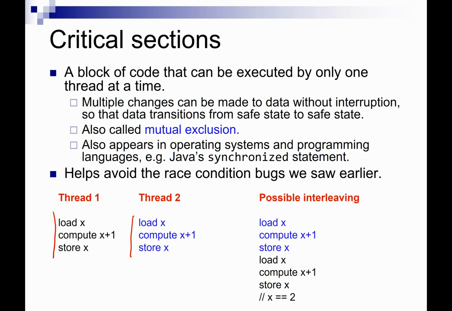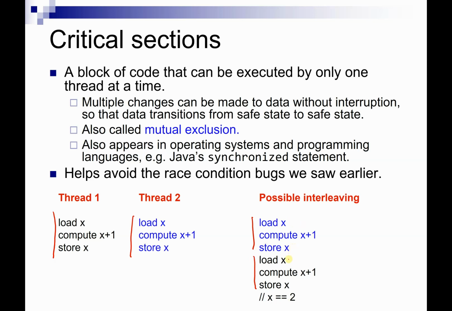Now, if this piece of code was actually in a critical section, then when you run these two threads together, what are the interleavings that you could get? For example, you could get this interleaving, where thread 2 does this entire piece of code, and then thread 1 does this entire piece of code. In that case, the value of x is correct at the end. Here, you load x, increment it to 1, and then store 1.